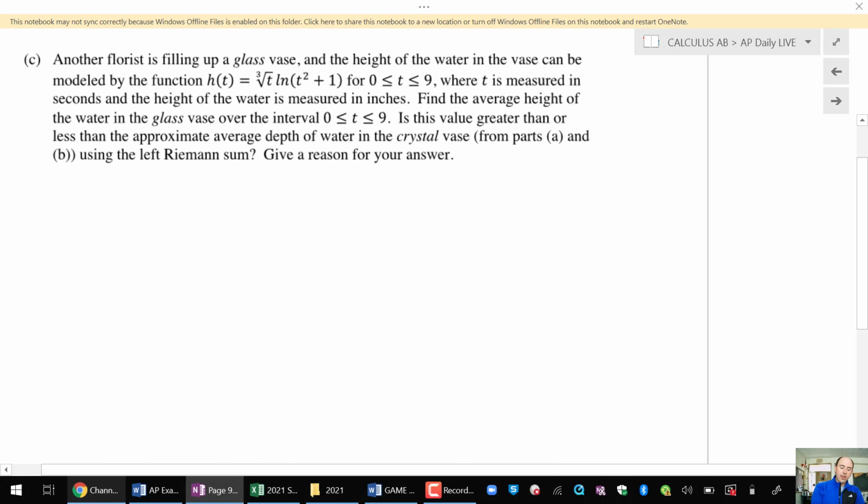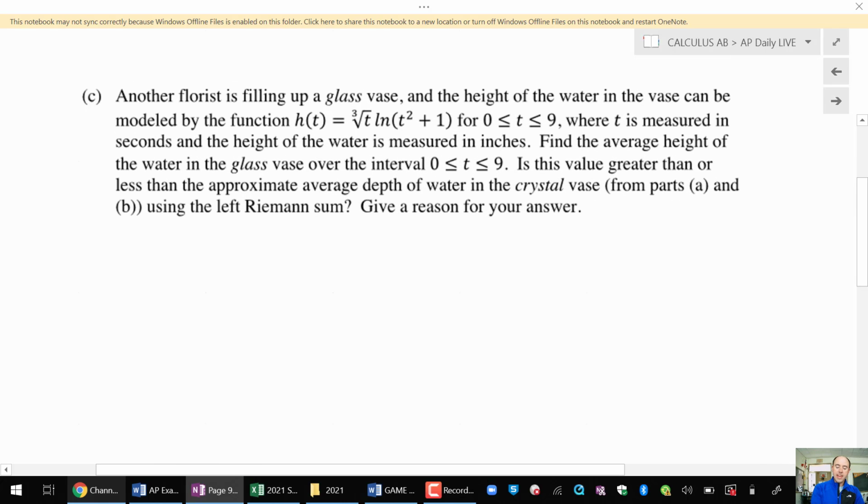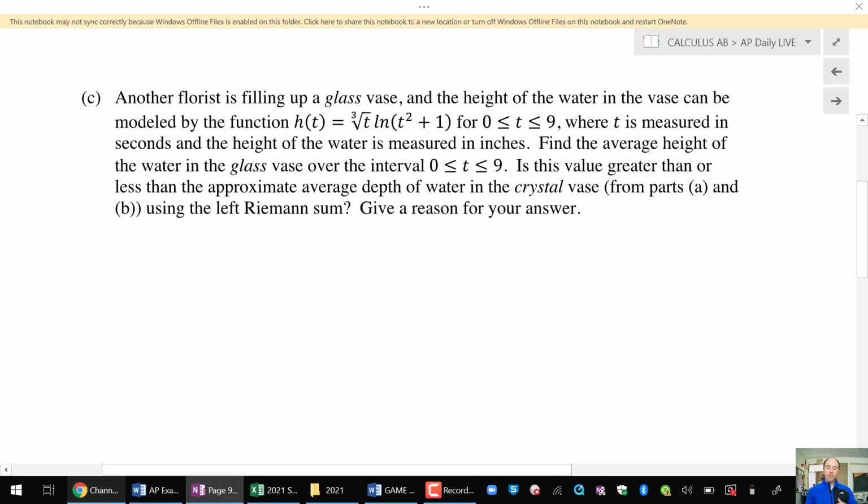Letter C. Here's a second florist filling up a glass vase, and it says the height of this water is given by h of t. This is a function that's provided, so no table, no graph, but I have the height of the water here in inches. So it says to find the average height of the water in this glass vase from 0 to 9.